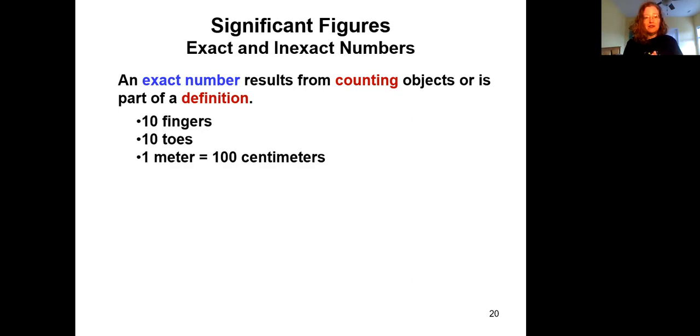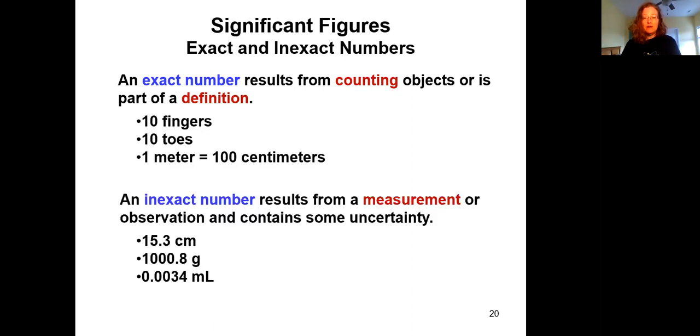Same with 100 centimeters. I could go 100.000 to infinity, or 1.0 to infinity meters. So with these exact numbers, there's no special measurement involved, and an infinite number of zeros could be tacked on after a decimal point.